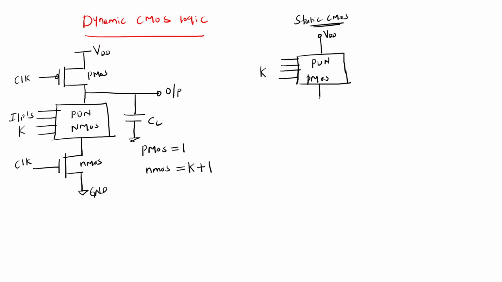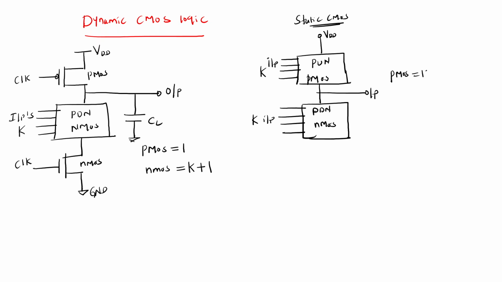And next you have NMOS as pull down network, with K inputs as well, and here you are taking the output. So that means here you have K PMOS.